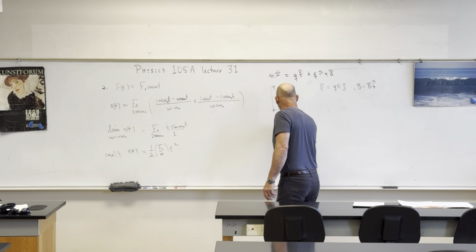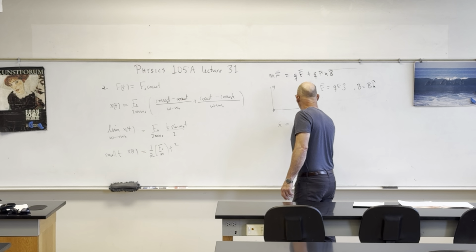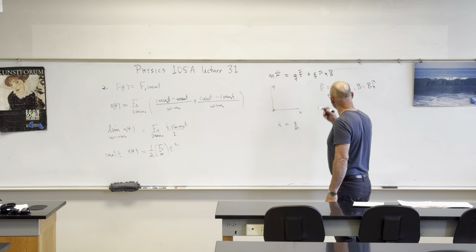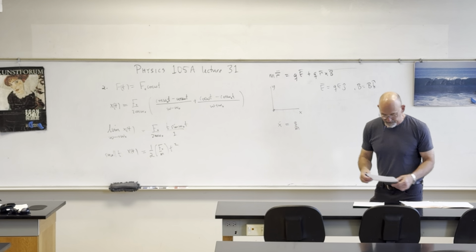and we ended up with x double dot was equal to Q over M. I'm just going to write down what we have there.